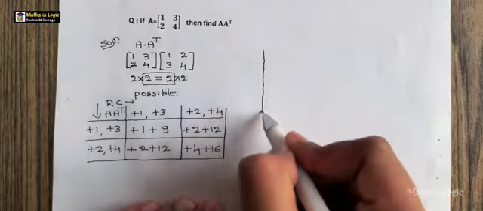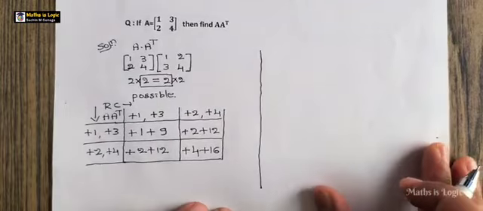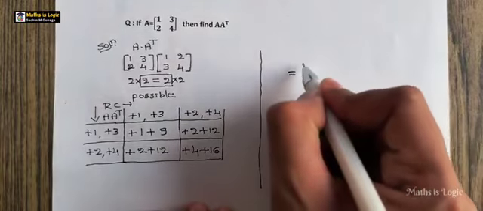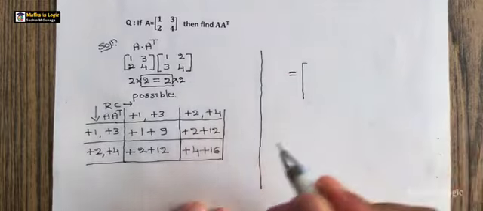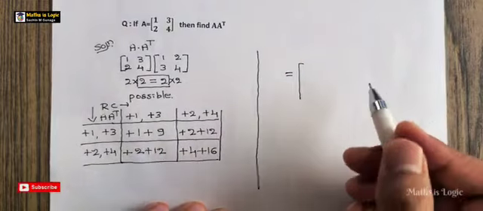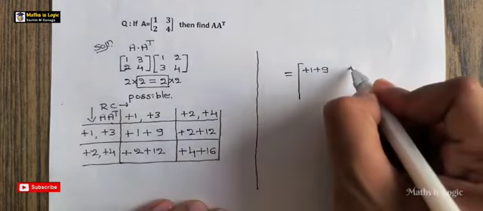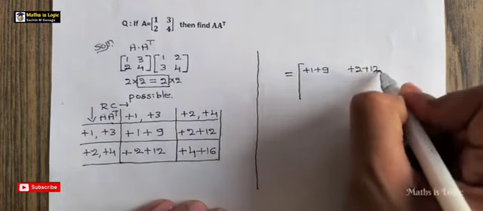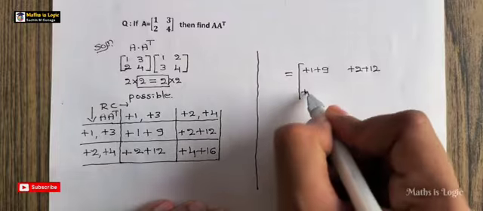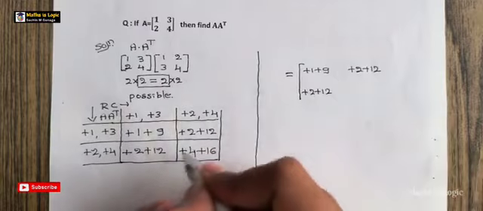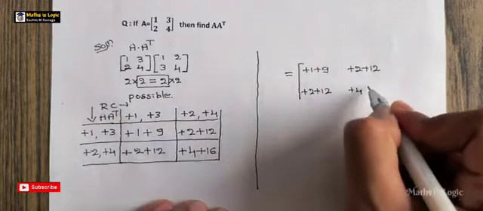Next, after doing multiplication, in matrix form, rewrite all 4 values: plus 1 plus 9, plus 2 plus 12, plus 2 plus 12, plus 4 plus 16.